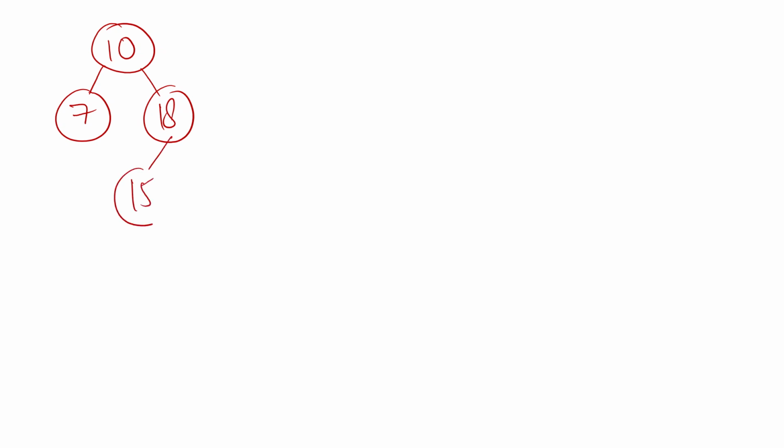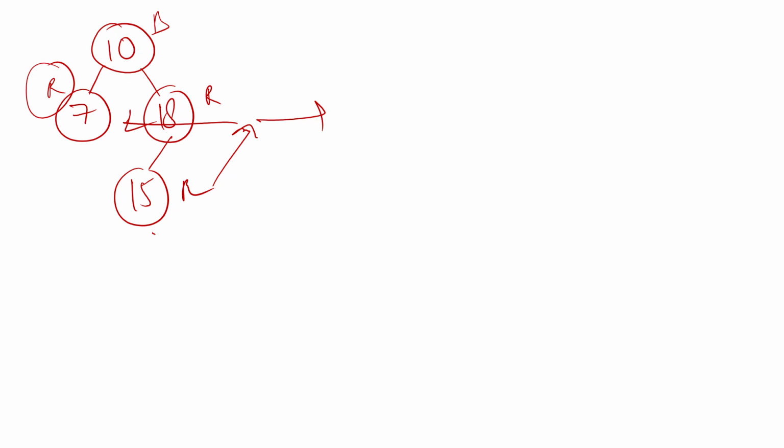So we had 10, we had 7, then we had 18, and then we had 15. Red, red. Now, as we have a red-red collision, what does it say? If the uncle is red, you recolor. Here we can see child, child's parent, parent's uncle.